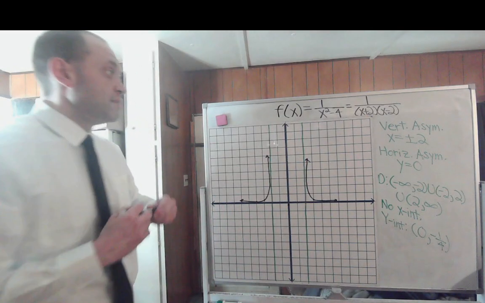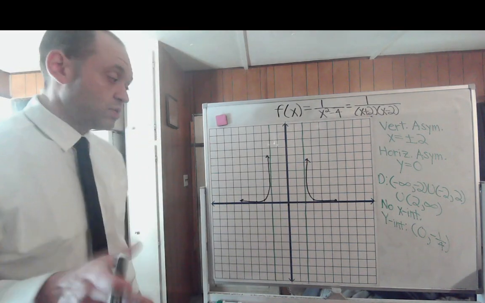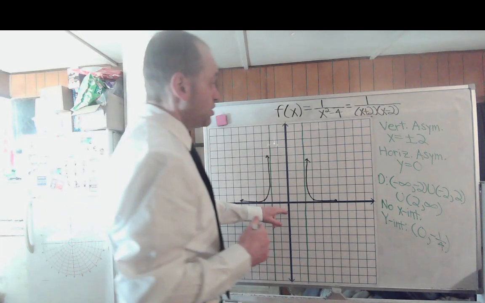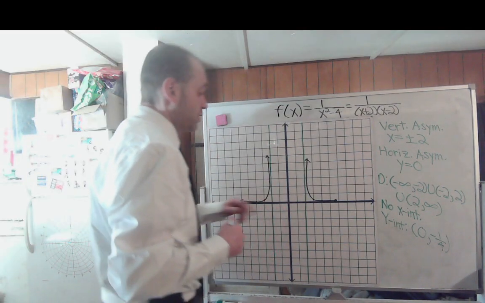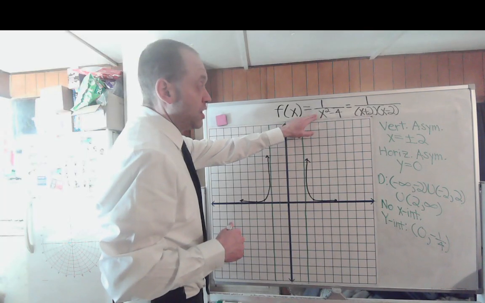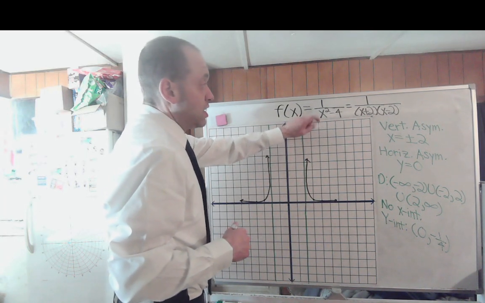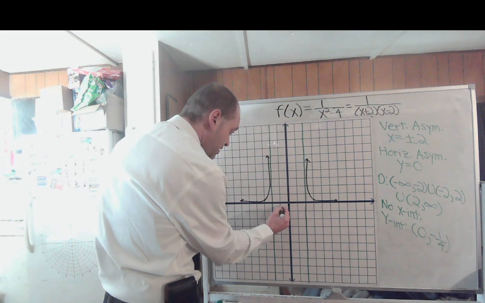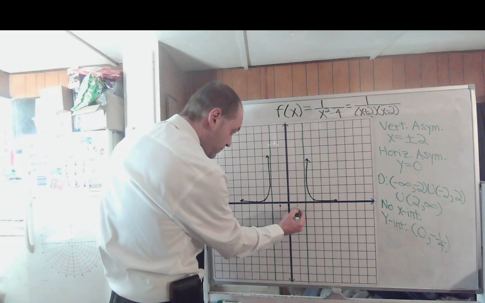So what about in between negative 2 and 2? What's going to happen there? Well, we know at 0, you get the point negative 1/4. So what if I put in negative 1? That'd give me 1 over 1 minus 4. That'd give me negative 1/3, which is about here. And if I put in positive 1, I would get roughly the same thing.